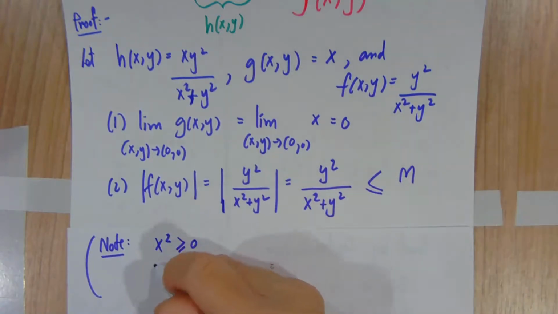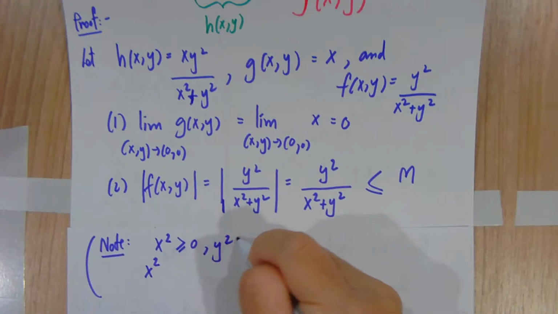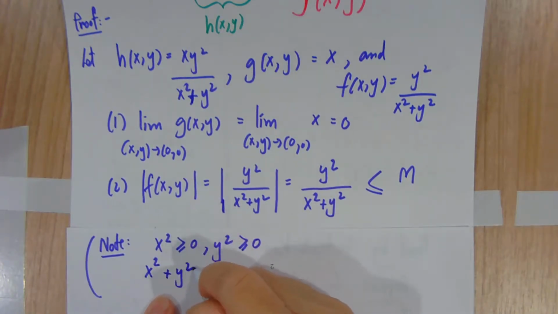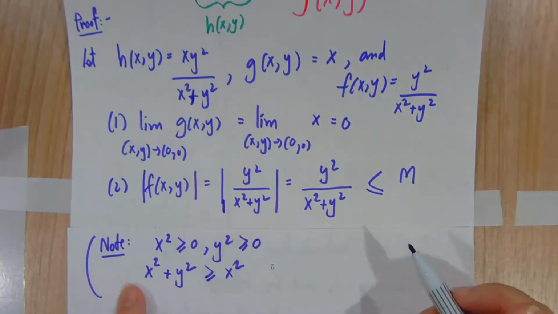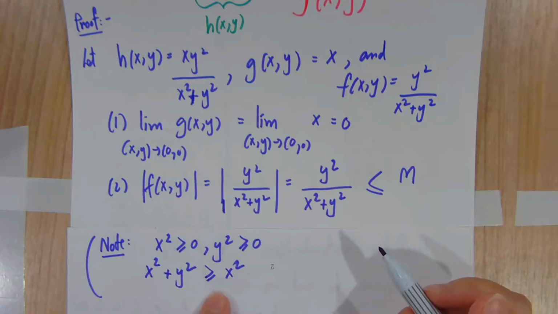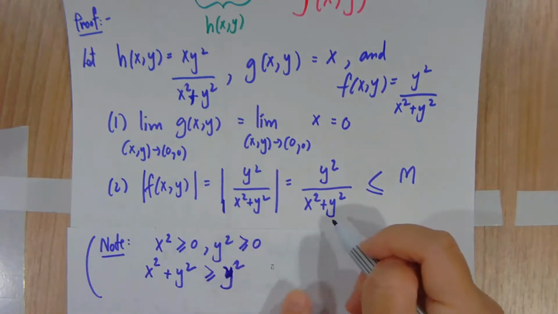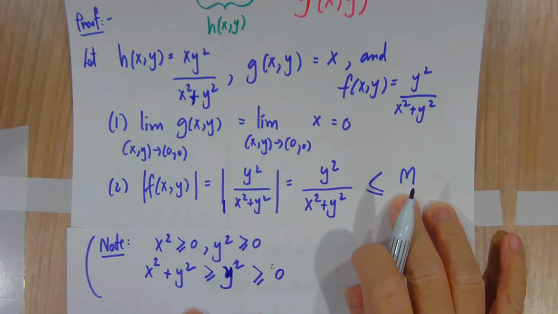And y squared is also positive, and if we add x squared plus y squared, it is also greater than or equal to y squared. Okay, so we need this, and it is also positive.